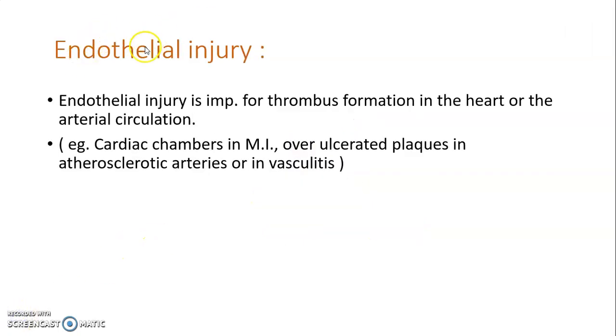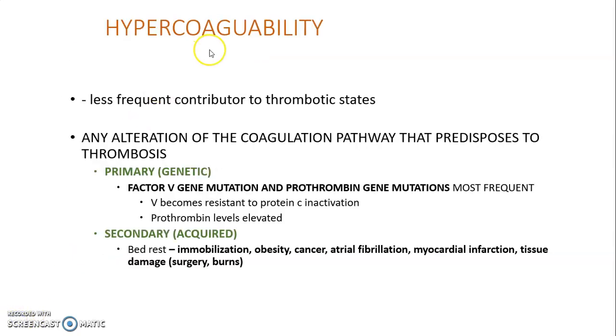First factor, endothelial injury, is important for thrombus formation in the heart or the arterial circulation. Examples: cardiac chambers in myocardial infarction, over ulcerated plaques in atherosclerotic arteries, or in vasculitis. Another factor is hypercoagulability. It is a less frequent contributor to thrombotic states.